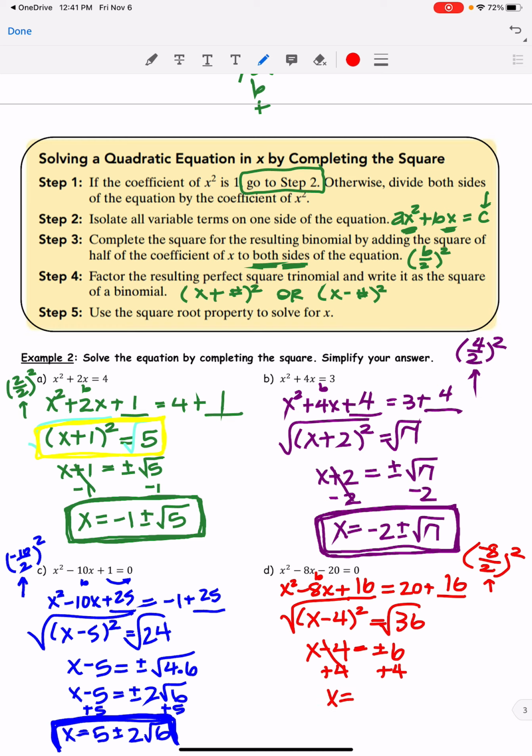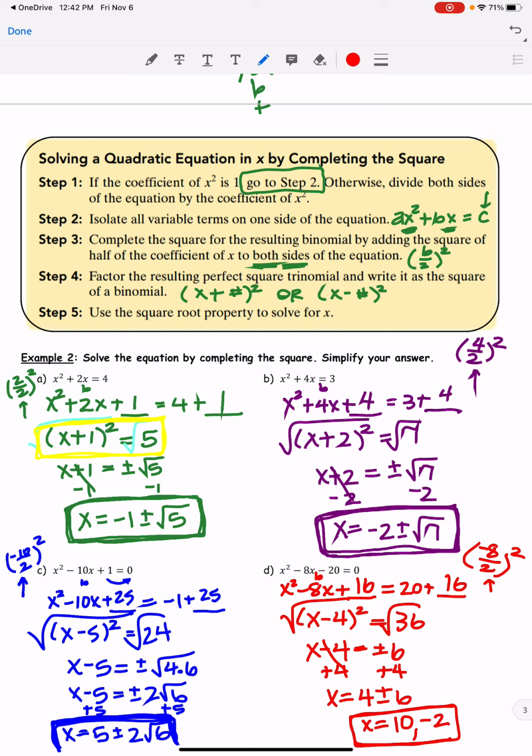So I've got x equals 4 plus or minus 6. Now when you get an answer like this, if you don't have a radical in it, you need to give me the two answers. So 4 plus 6 gives me 10, and 4 minus 6 gives me negative 2.